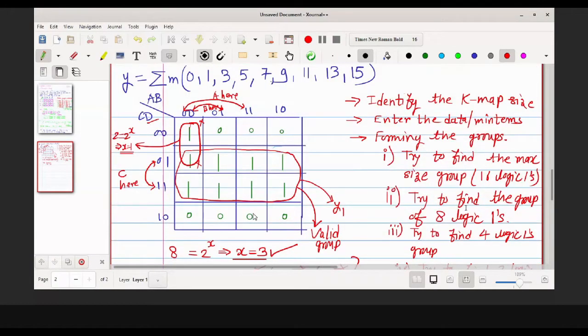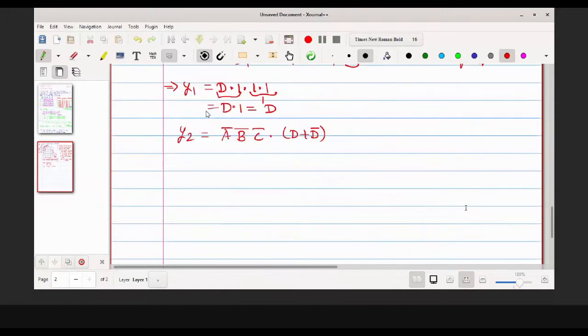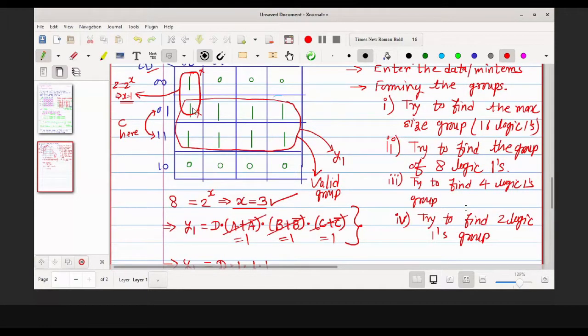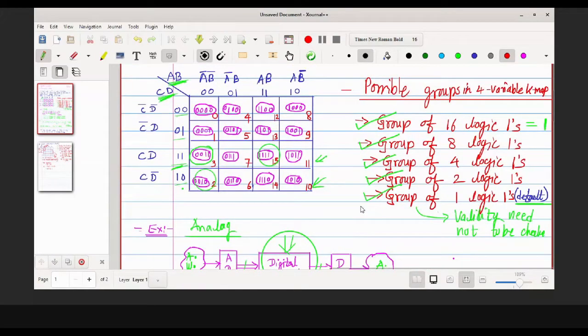Or you can simply say it like this: what is the min term for cell number 0? The min term for cell number 0 is A bar, B bar, C bar and D bar. And what is the min term for cell number 1? You can see from that previous diagram, I think you must have copied it.